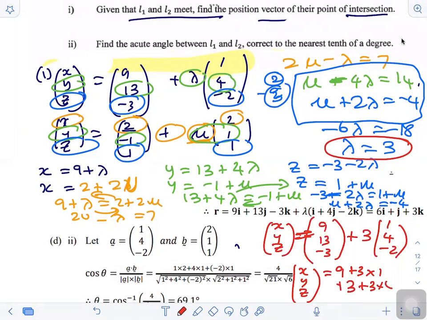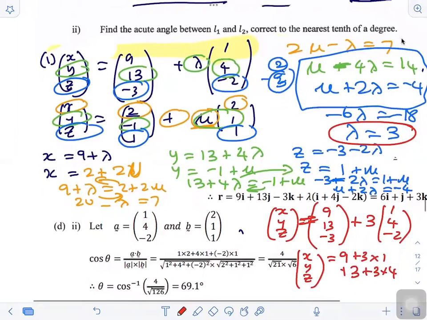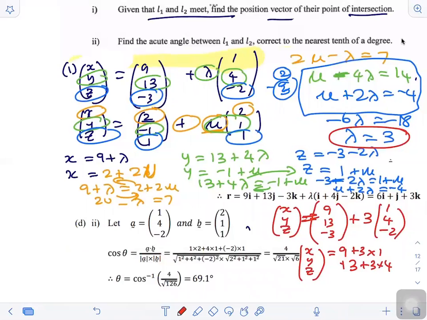Plus 3 times 4. Wait a minute, that's a positive 18, therefore that is minus 3. That's the mistake here. That's minus 3 times 1, 13 plus 3 times 4, and then the z value would be minus 3 plus minus 3 times minus 2.